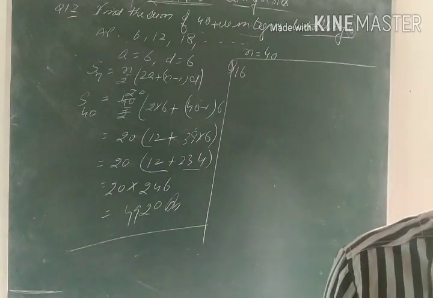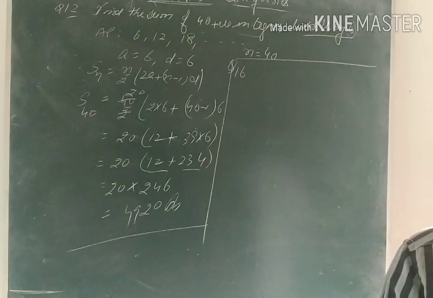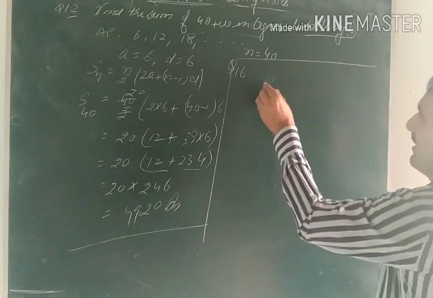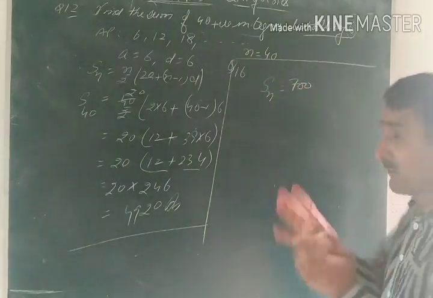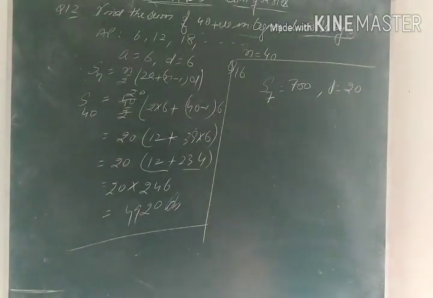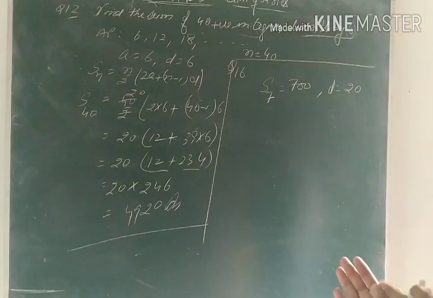Now what the statement gives: 700 is to be divided to give 7 cash prizes to students in the school, and the condition is that each cash prize is 20 less than the preceding prize. So we have Sn is 700, and 7 cash prizes means n is 7. Each prize is 20 less than the preceding one, which means the common difference.